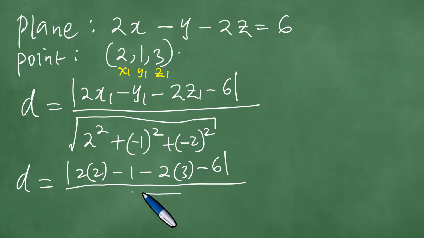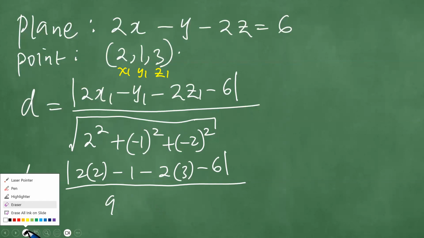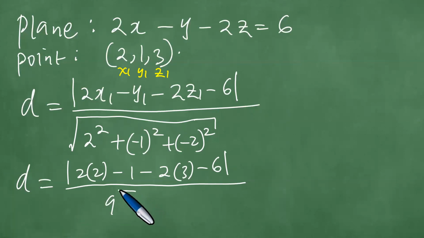You divide by the square root here. This is exactly 4, 4 plus 1 is 5 plus 4 is 9. Right, so you can write exactly that way. Just reduce the size of the square root here. Okay, so you get exactly that.